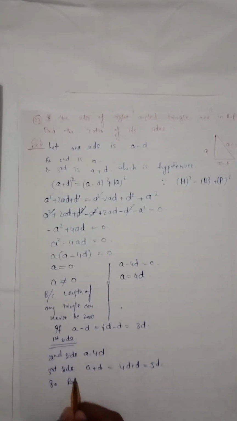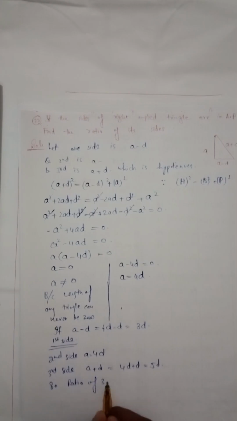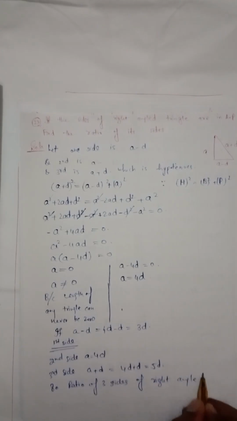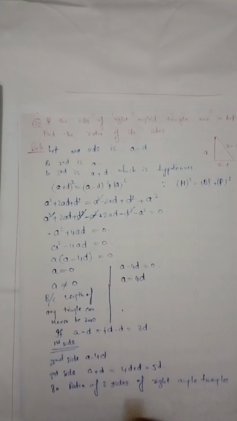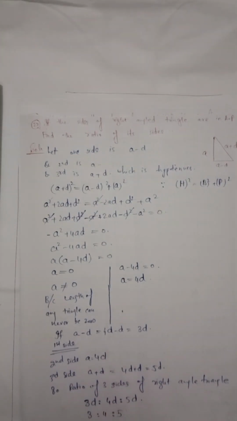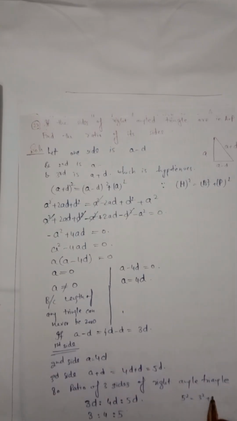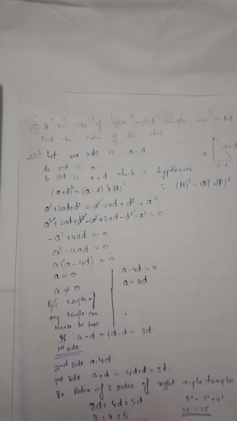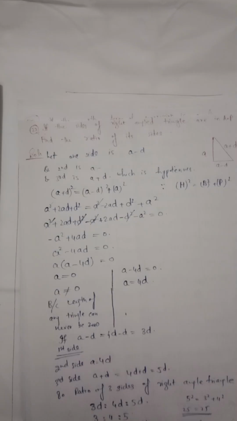So the ratio of three sides of the right angle triangle is 3d : 4d : 5d. It can be written in this way: 3 : 4 : 5, and 5 square is equal to 3 square plus 4 square. Hence proved.